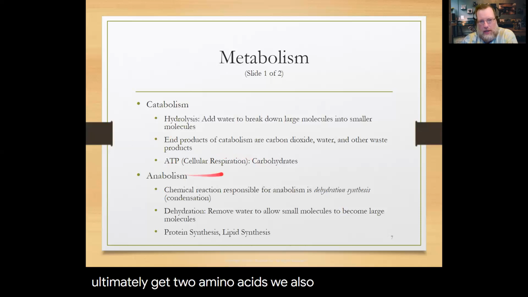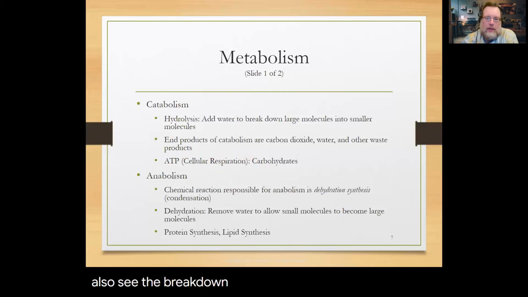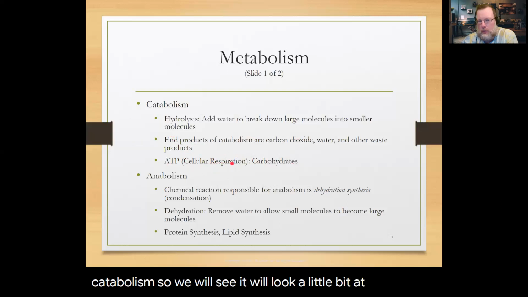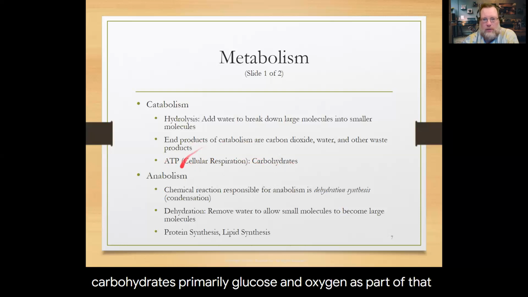We also see catabolism going on at the cellular level. So inside of an actual cell, we also see the breakdown and chemical process of catabolism. Okay, so we'll look a little bit at cellular respiration and the gaining of ATP from glucose or other carbohydrates, primarily glucose and oxygen as part of that cellular respiration.